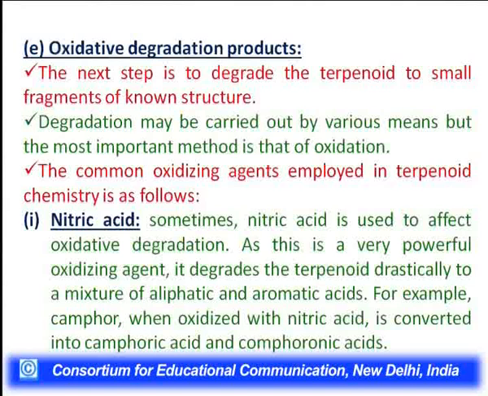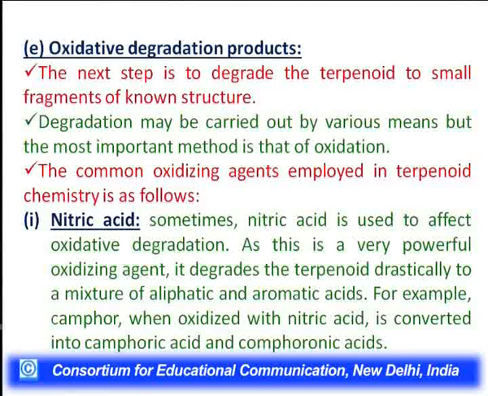This method includes the degradation of the terpenoids into smaller fragments which are of known structures. Degradation may be carried out by various means, but the most important method is the oxidation method. The common oxidizing agents which are generally employed in terpenoid chemistry are as follows.